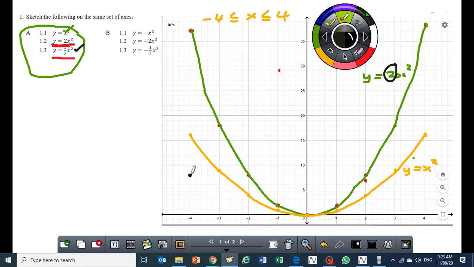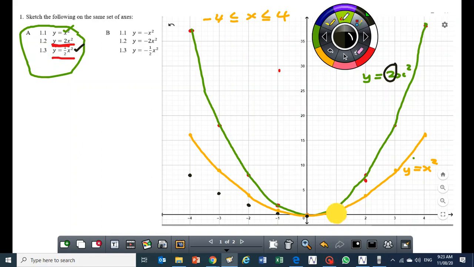Now 4 and a half is going to be somewhere there. Then minus 2 squared gives me a 4, divided by 2, I'll get a 2. So I'm going to have it there. Then minus 1 squared gives me 1, so I'm going to have a half, and a half is going to be somewhere there.